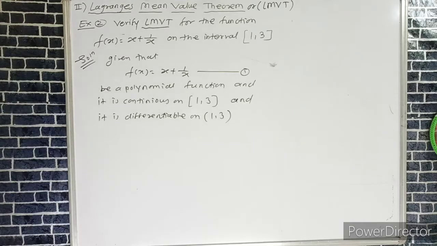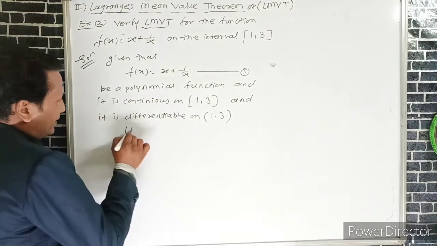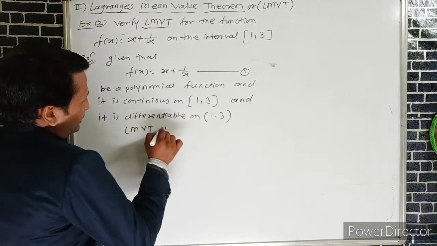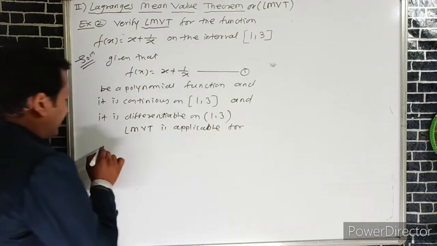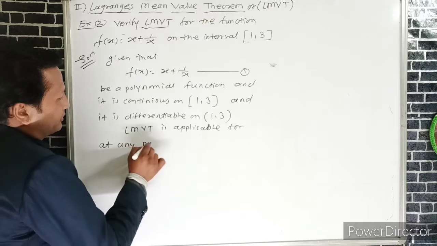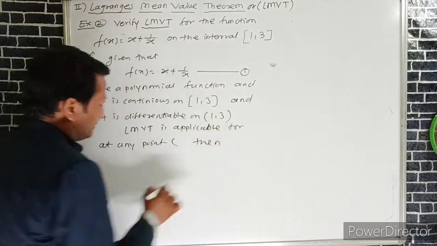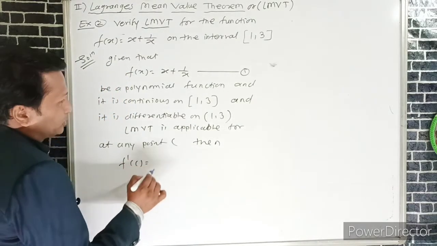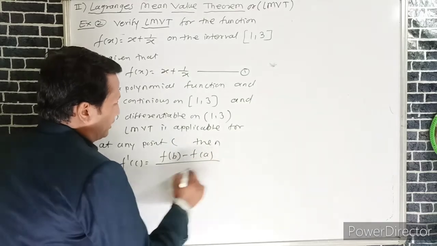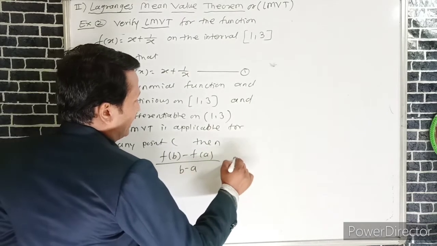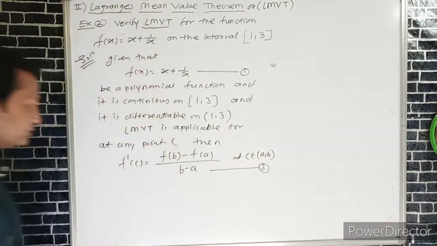So if LMVT, Lagrange's mean value theorem, is applicable at any point c, then it satisfies f dash of c is equal to f of b minus f of a upon b minus a, for c belonging to (a, b). This is equation number 2.